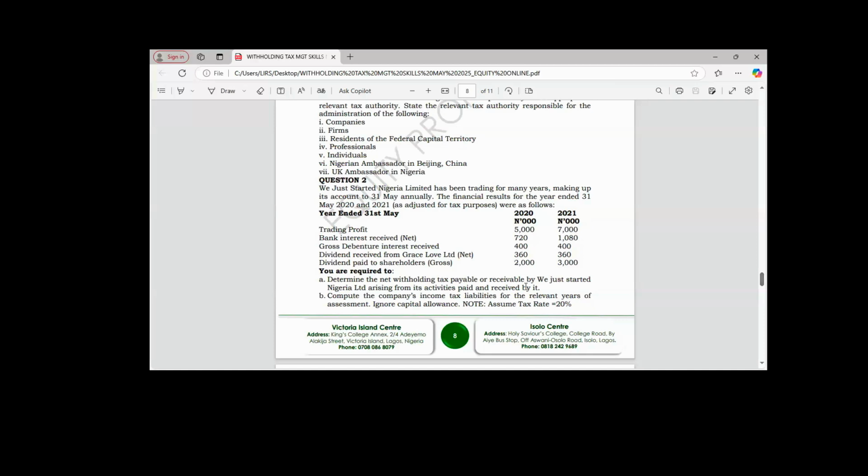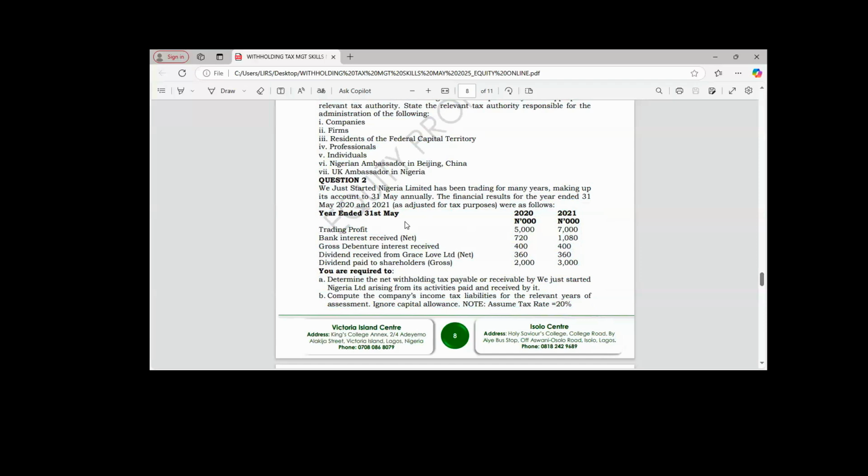So looking at it in this situation, if you look at this question, assuming they did not tell us to apply 20%, they did not give us information about the turnover of the company, we are going to assume that this company is a large company. We are going to adopt 30%. But where they give us information about the turnover, you are going to look at whether the company is medium, small, or large.